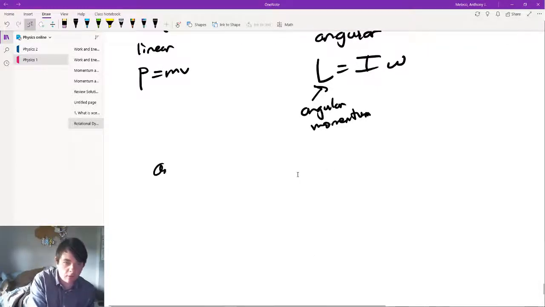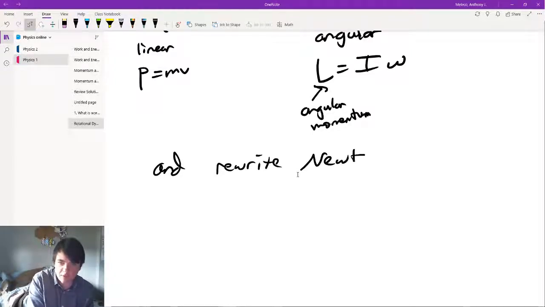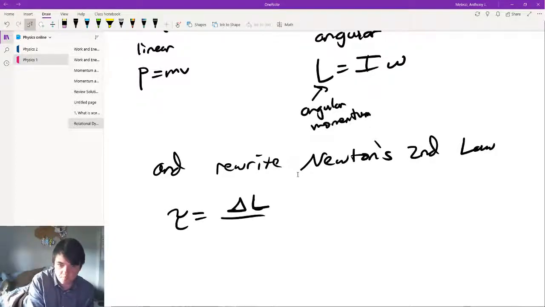And remember how we rewrote Newton's second law? You can do that again in terms of momentum. So tau now equals delta L over delta t, whereas the linear case is delta P over delta t, okay?